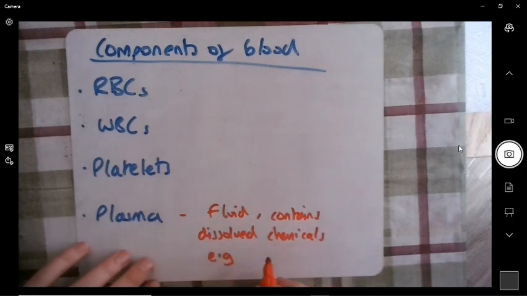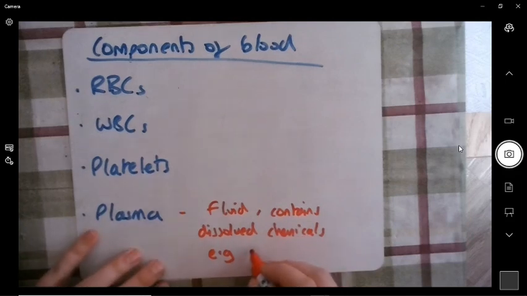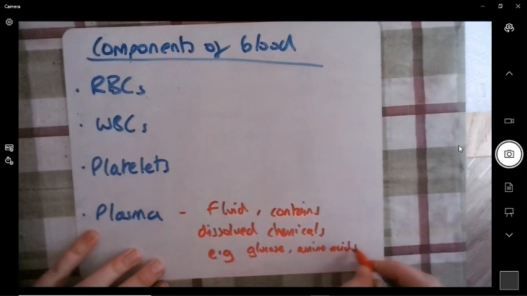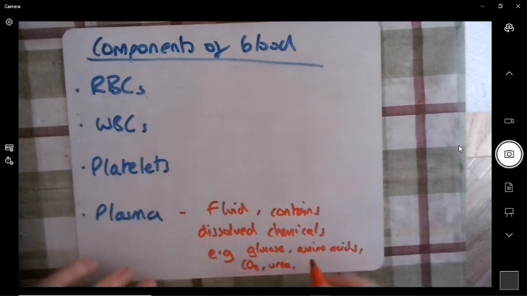For example, in the plasma there will be dissolved within, there will be glucose, amino acids from digestion, fatty acids, glycerol. There will be some carbon dioxide, urea, some of these waste products hopefully going to be excreted.